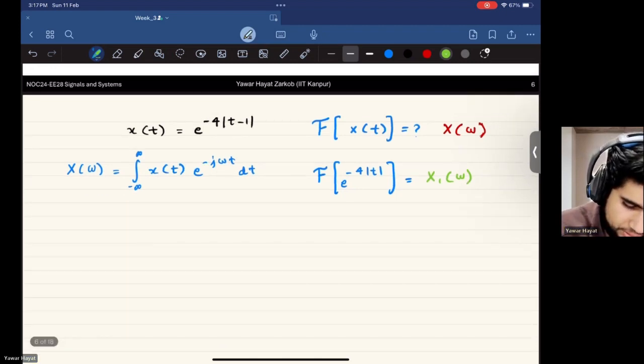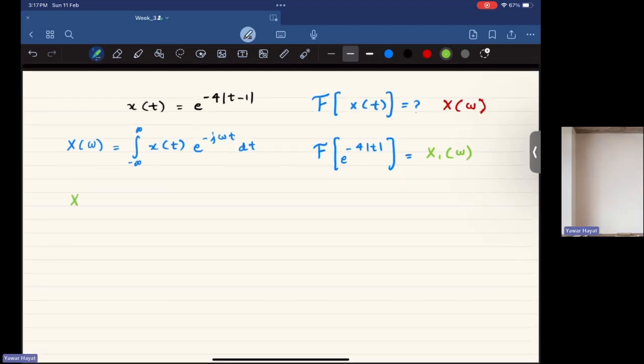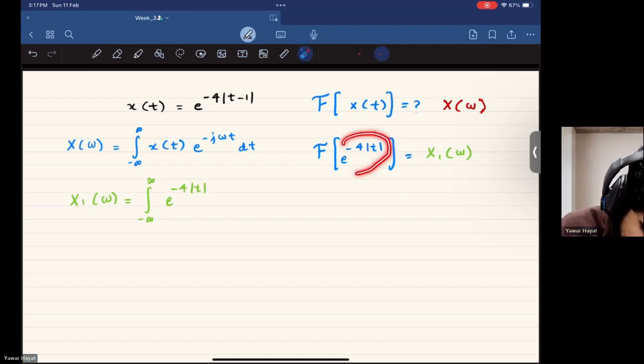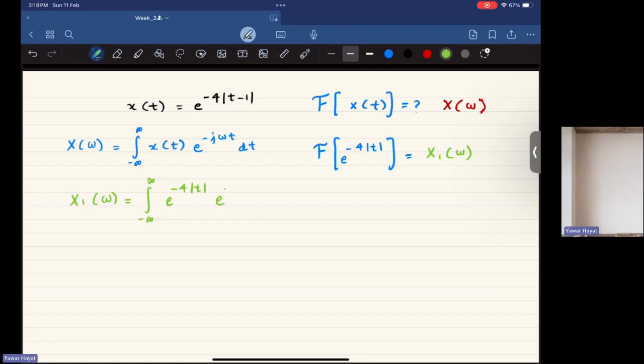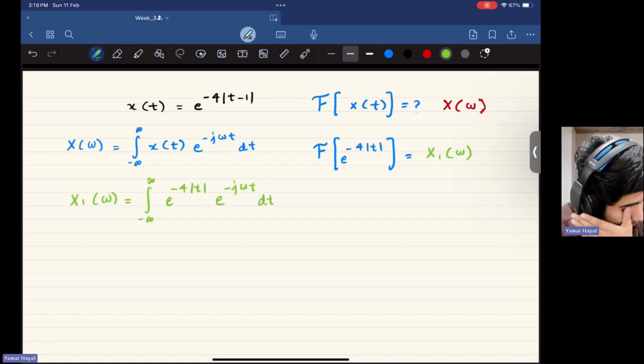Okay. So what is x1 of omega? It is the integral from minus infinity to infinity of e to the power minus 4 modulus of t, I'm using this x of t here, times e to the power minus j omega t dt, right?